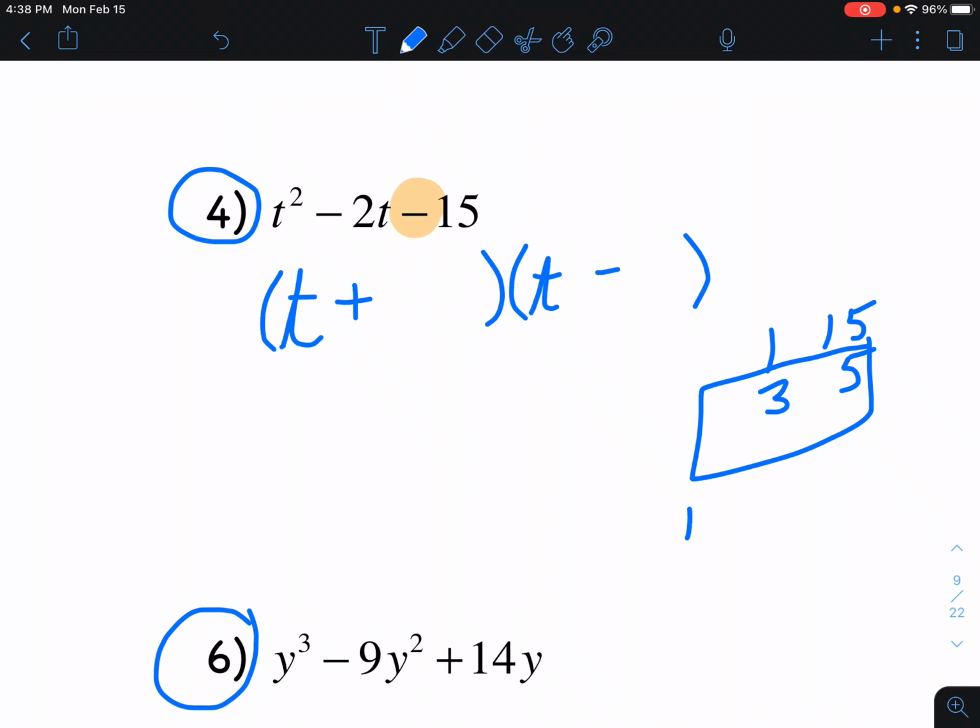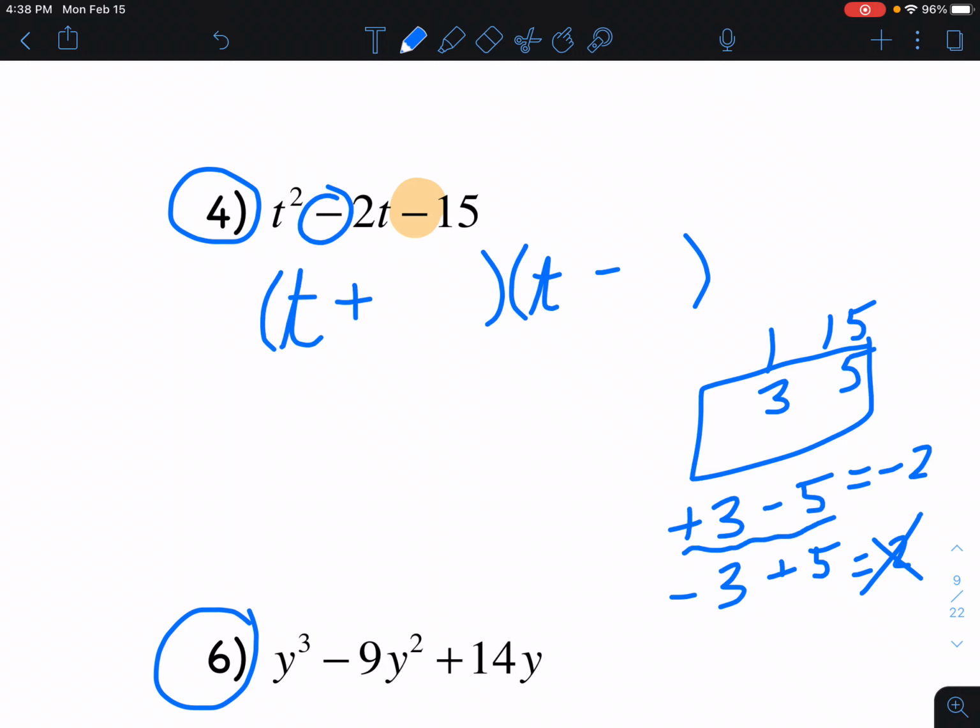So would it be a plus 3 minus 5, or would it be a minus 3 plus 5? Let's see what those guys add up to. That would be negative 2. That would be 2. We don't want that, though. We need the b term being negative 2. So there's my combination here. I need a plus in front of the 3 and a minus in front of the 5.